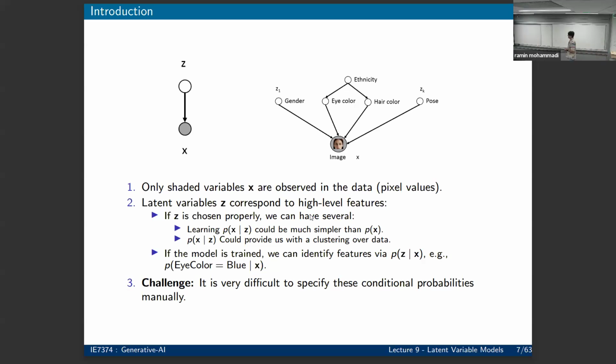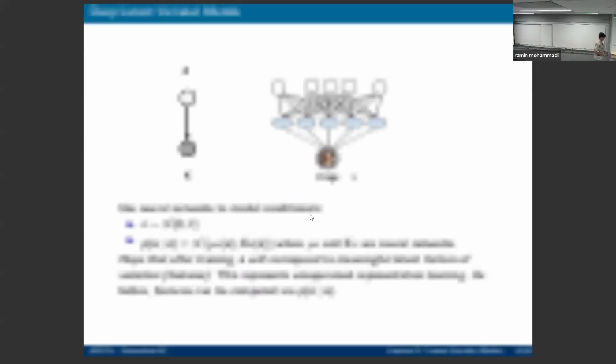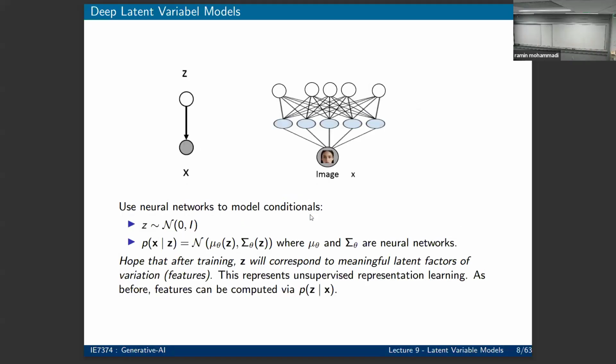So now the idea here is that instead of us trying to come up with that relationship and define those latent features, we're going to use some sort of neural network to learn those latent features for us.